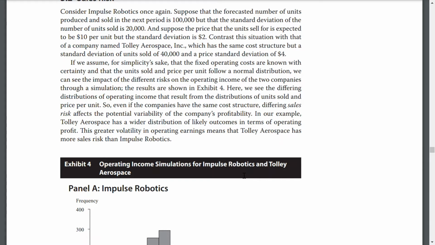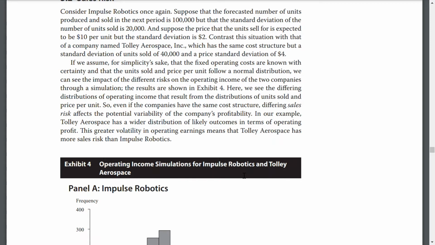If we assume, for simplicity's sake, that the fixed operating costs are known with certainty, and that the units sold and price per unit follow a normal distribution, we can see the impact of the different risks on the operating income of the two companies. Although this is a simulation, the results are shown in Exhibit 4.